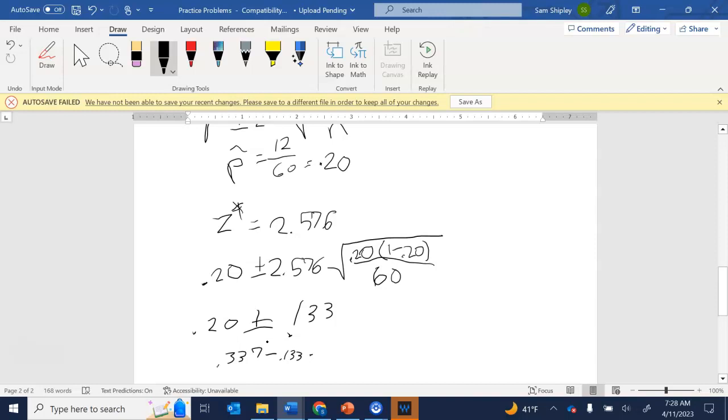Okay, now let's do 0.20 minus 0.133. I got 0.067.